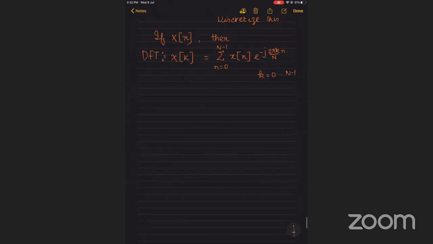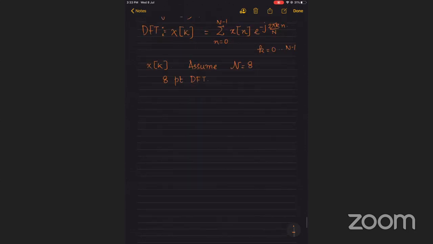Now what is interesting is, suppose I want to compute this X of k. Assume N is equal to 8. That means I am going to compute an 8-point discrete Fourier transform, 8-point DFT. What do we mean by 8-point DFT? I have x of n, where n varies from 0 to 7.